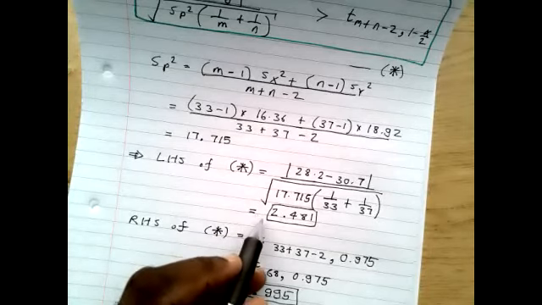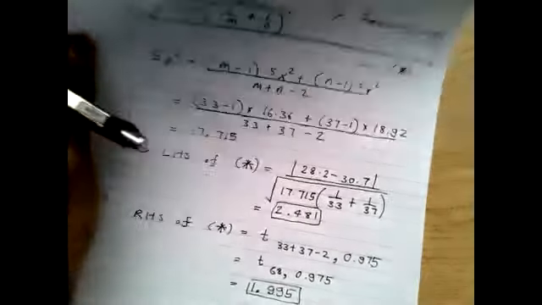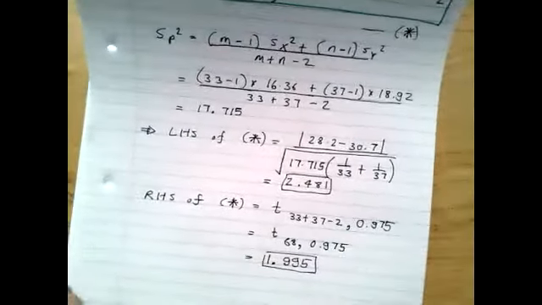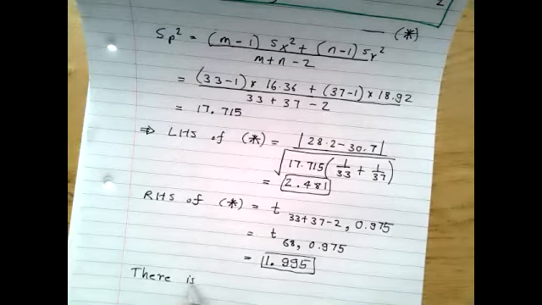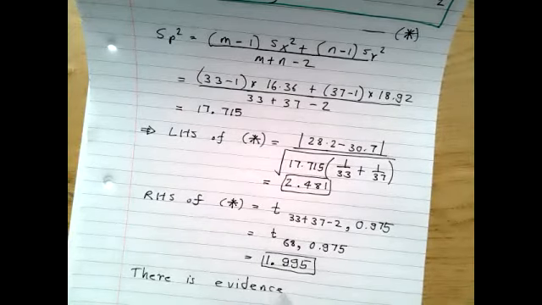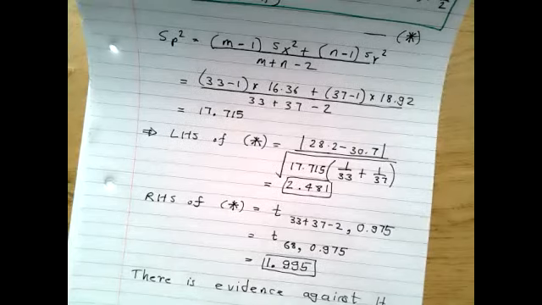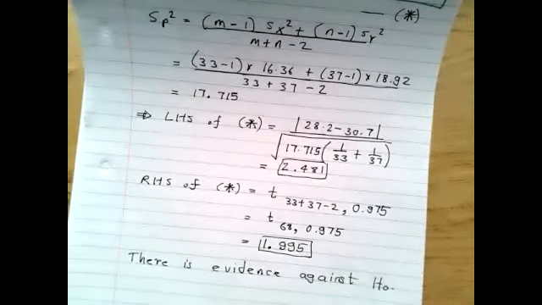Again, the left is greater than the right-hand side. So the conclusion is that there is evidence against H0. That completes question number 3.